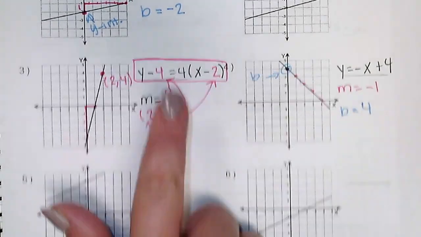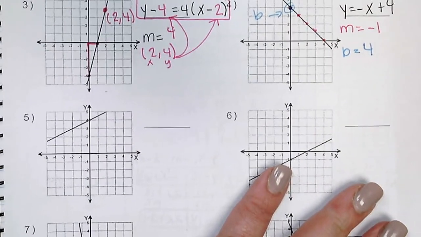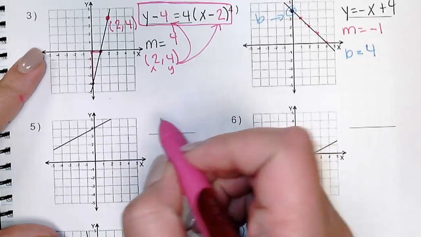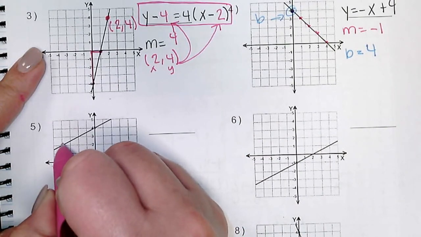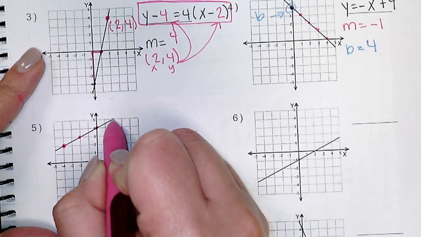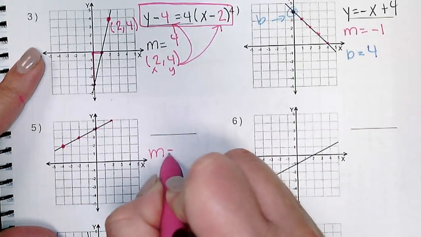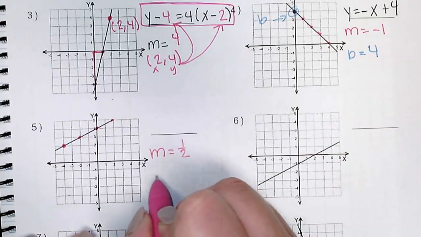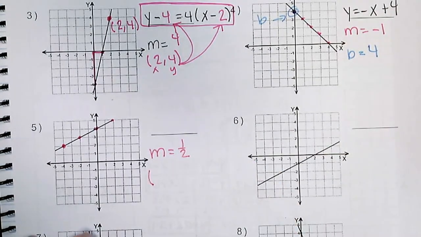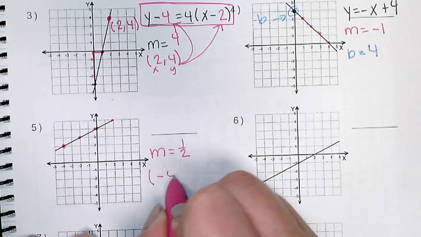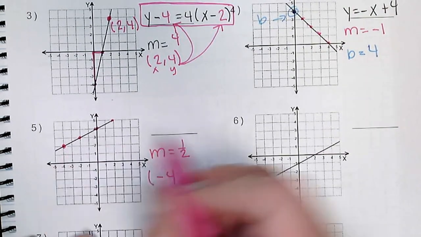I'm going to try another one just like that one. So I'm going to give you the slope on this one. See if there's a point, yeah, right here. Oh, there's several. Looks like the slope is 1/2 here. And let's say I give you the point. What is that? -4, 2.